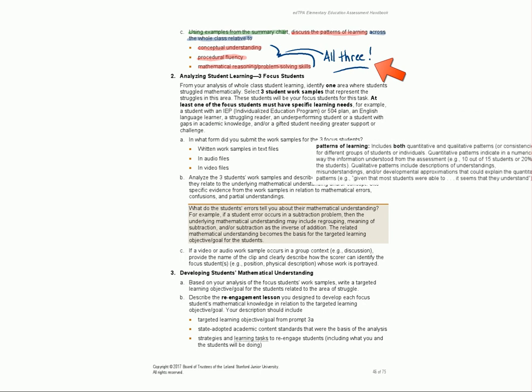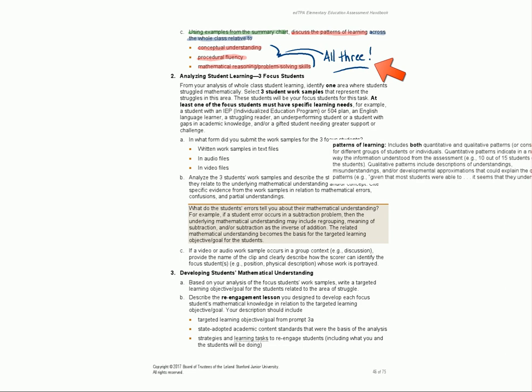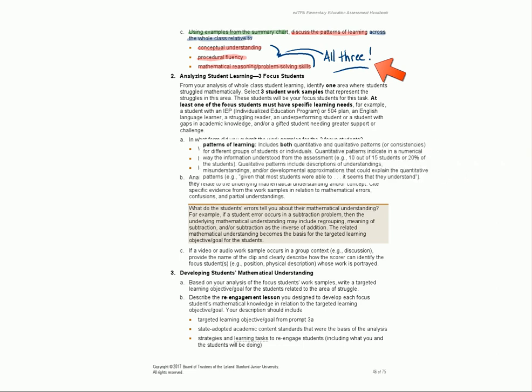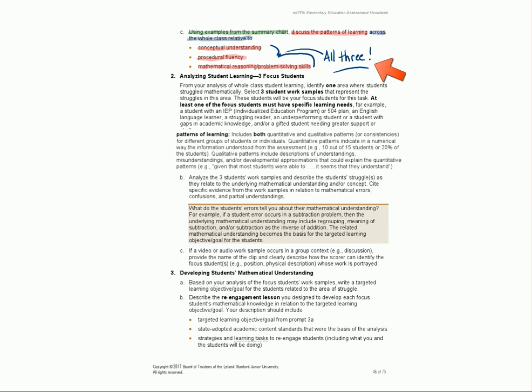All right, so patterns of learning, we can see that the patterns of learning include both quantitative and qualitative patterns or consistencies for different groups or individuals. Patterns indicate in a numerical way the information understood from the assessment. Examples given, 10 out of 15 students or 20% of the students.